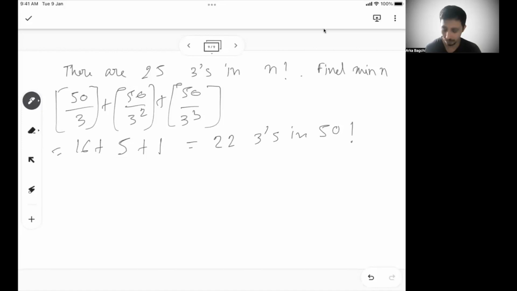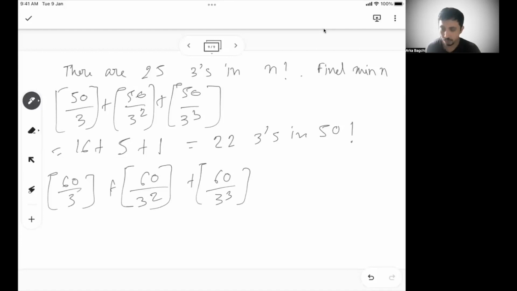Okay, let's see for 60 what we'll get. 60 by 3, 60 by 3 square, 60 by 3 cube. 3 to the power 4 is again more than 60, so we will not go there. This is 20. 60 divided by 9 is 6.xx, and 60 divided by 27 is 2.xx.